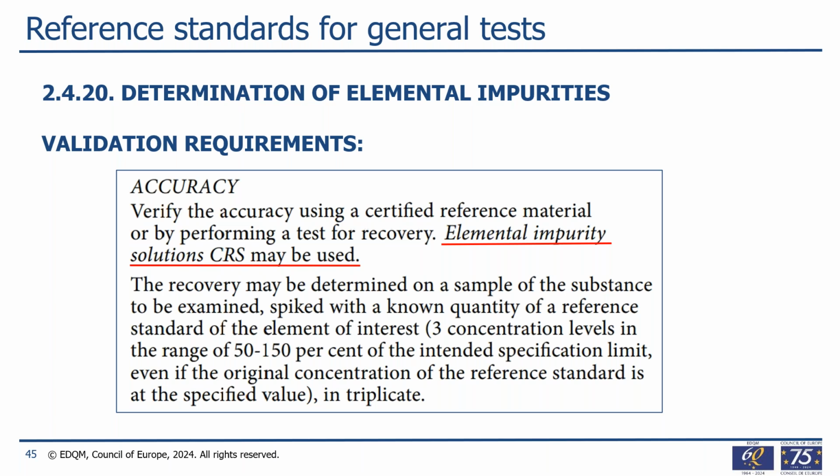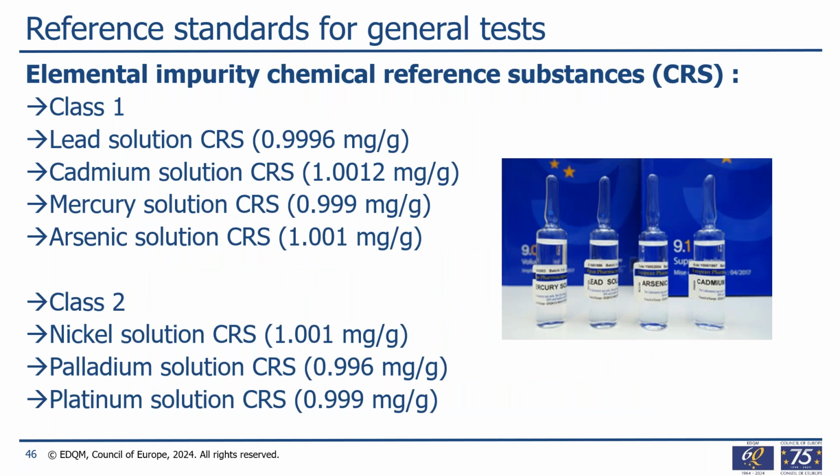Other suitable CRMs can be used as well. Meanwhile, we have established reference standards for 7 different potential sources of elemental impurities. It is worth noting that these CRS are traceable to the SI, and therefore they enable a metrologically sound determination, which is an element that is sometimes lacking in other reference materials available on the market.